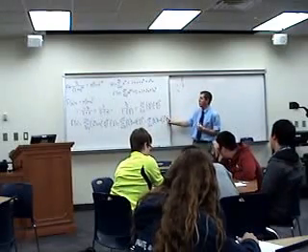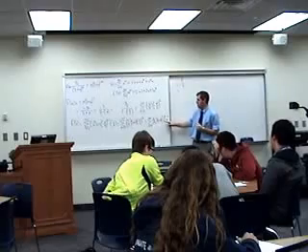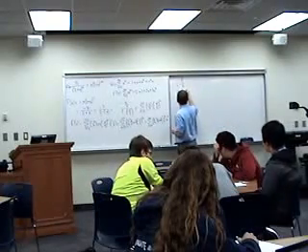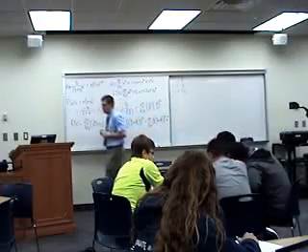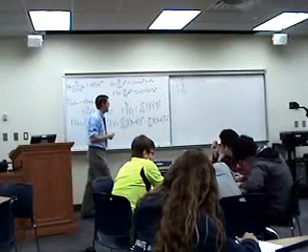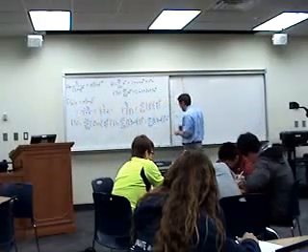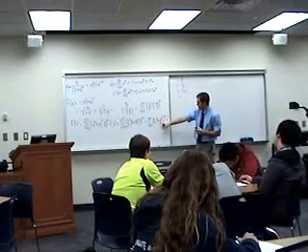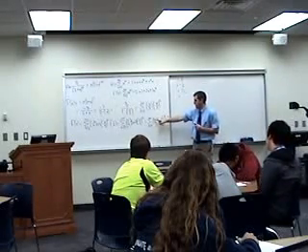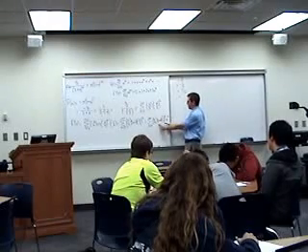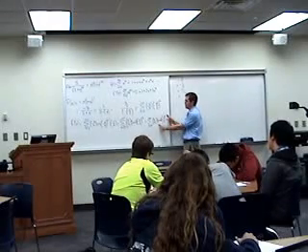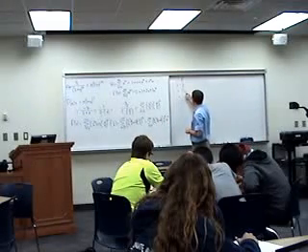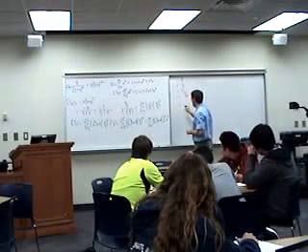Negative 1/2 squared, 1/4, so that's 9/16. Okay. And then C sub 3 is just going to be 3/4 times 4 gives me 3. Negative 1/2 to the third is negative 1/8, so that's 3 times negative 1/8, which is negative 3/8.